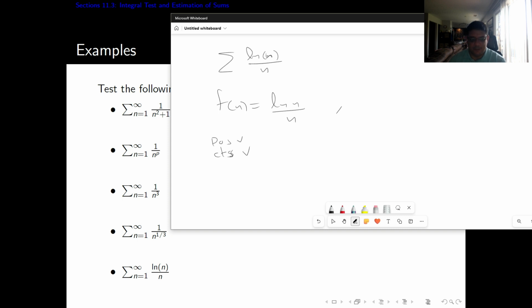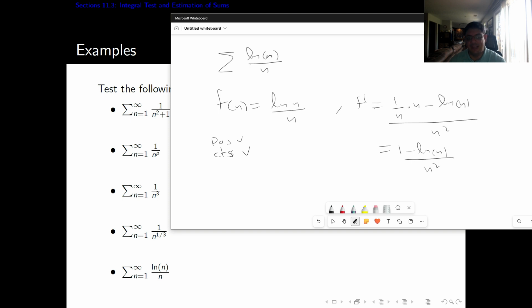And if I do f prime, then that's going to be, let's see, derivative of log of n is 1 over n times n minus log of n over n squared.